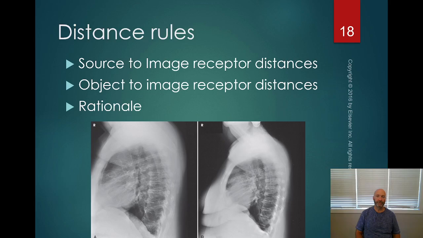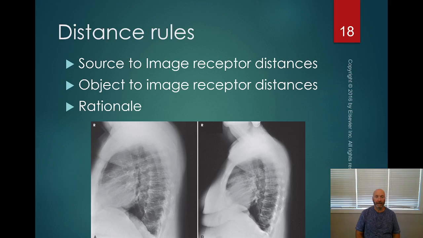So source to image receptor distance is generally going to be 40 inches to 72 inches. Object image receptor distances are going to vary according to a lot of different things. I'm going to refer to source to image receptor distance as SID, source to image distance. We want an SID that's adequate. Not all SIDs need to be at very long distances.